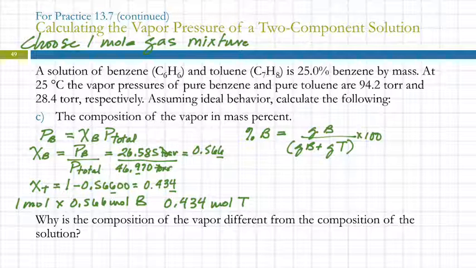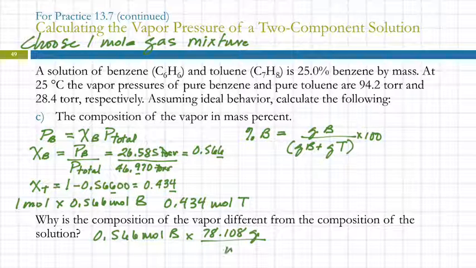Okay, so I'm going to start down here. 0.566 moles of the benzene. And I'm going to multiply by the molar mass. And that's going to give me 44.209 grams.